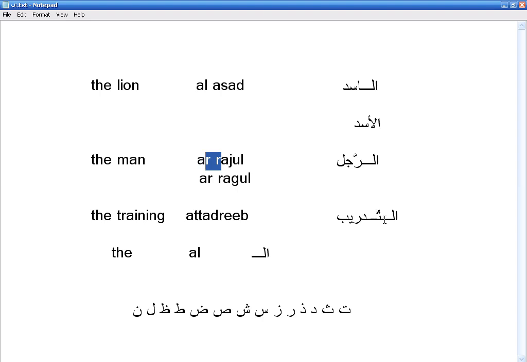And by the way, this is the same thing that is going to happen to this word right here as well. But before coming to this word, I just want to let you know that this word means the man, pronounced ar-rajul.